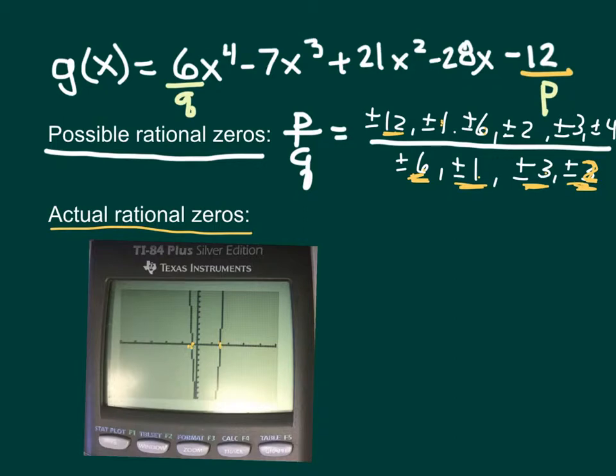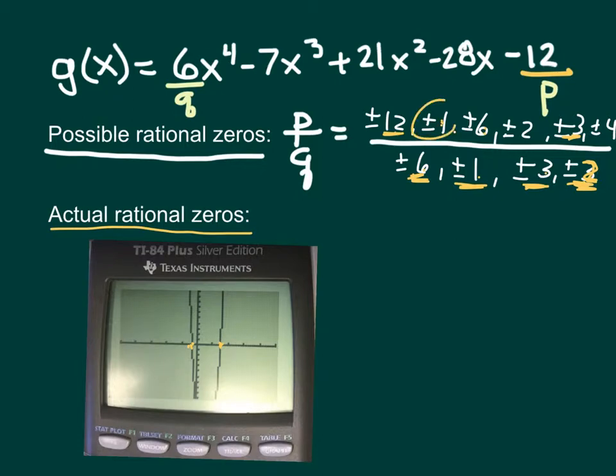Looks like maybe negative 1/2, negative 1/3, maybe positive 1.5, which is 3 halves, which is in the list. Okay, maybe thirds, but it looks like this one's maybe 3 halves and negative 1/3. Those are going to be my guesses at this stage, but I've got to try them.